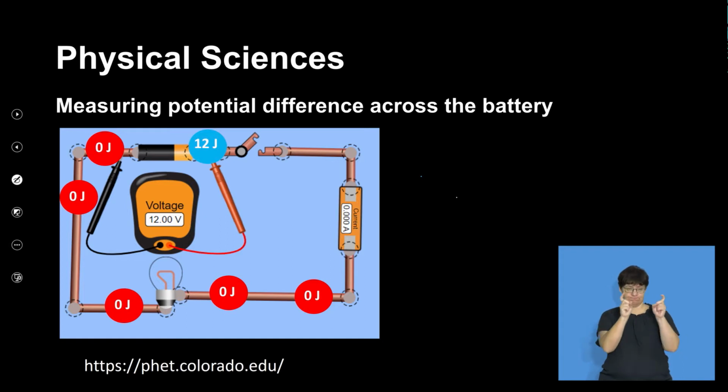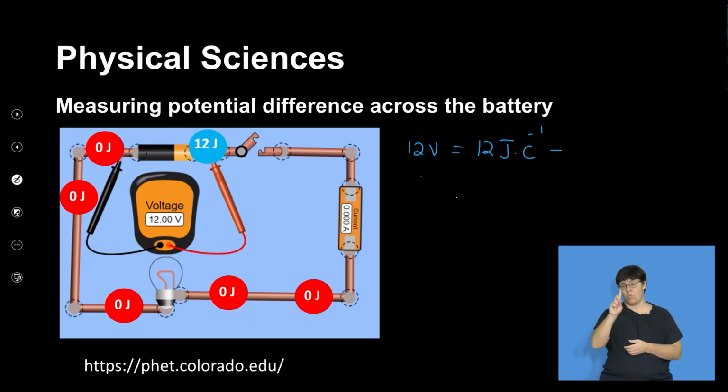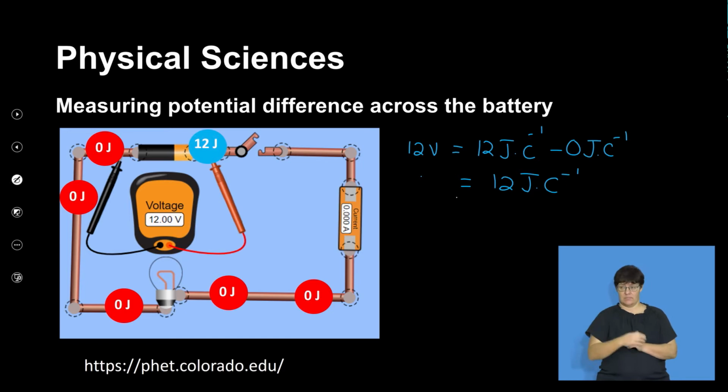So when there is no current in this circuit, we want to recognize that the potential difference, that 12 volts, is the difference between 12 joules per coulomb less 0 joules per coulomb. Right, so this gives us 12 joules per coulomb as potential difference.